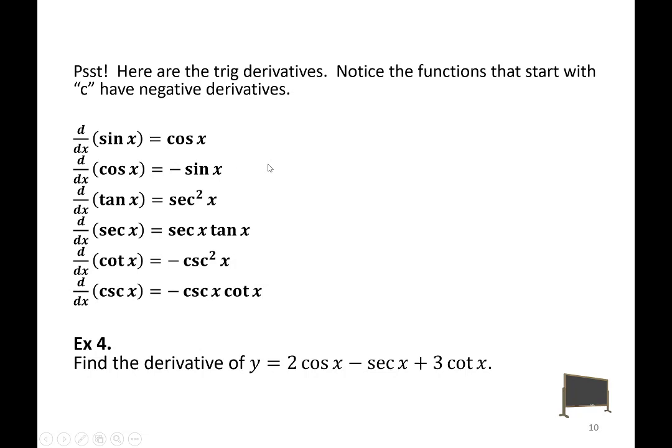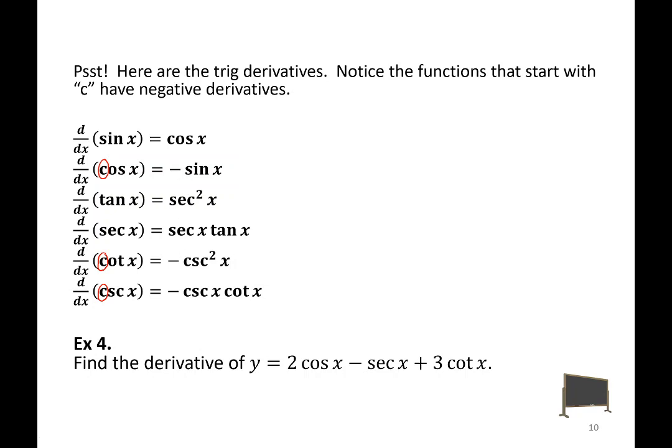Now, one thing I want to point out is that all of the trig functions that start with c, so right here cosine starts with a c, and cotangent starts with a c, and cosecant starts with a c. All of those trig functions that start with a c happen to have negative derivatives.